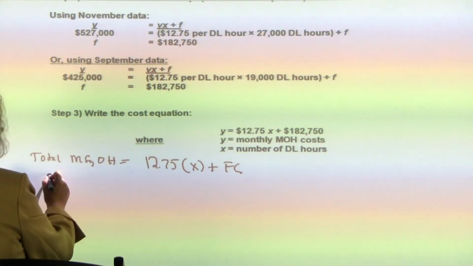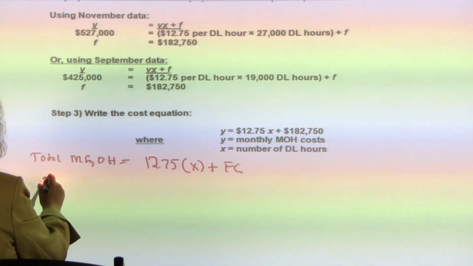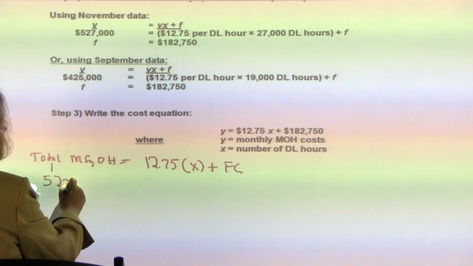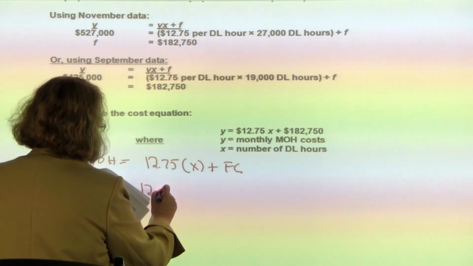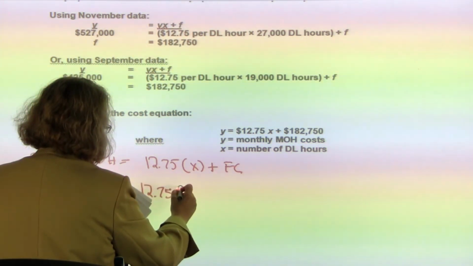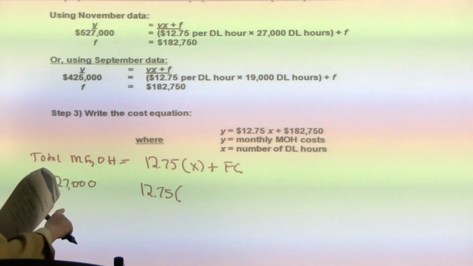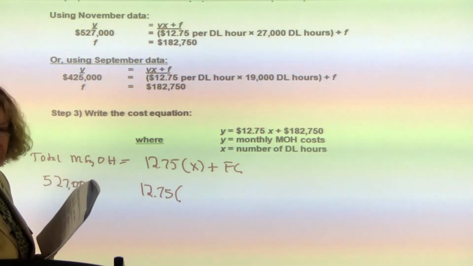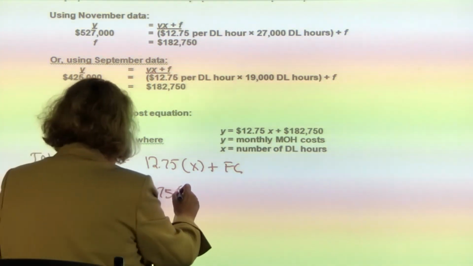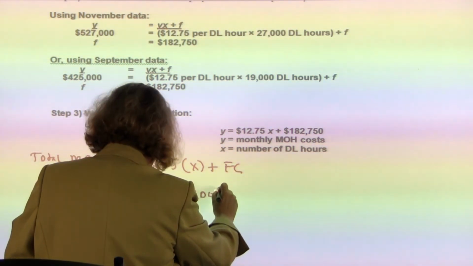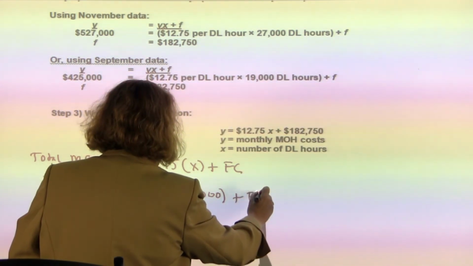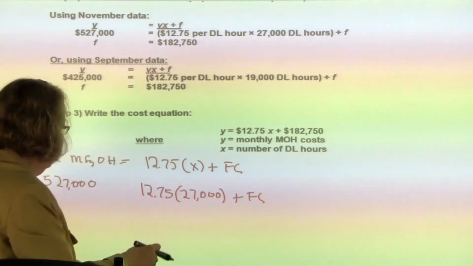When we are operating at a level of 527,000 in total cost, 12.75 is your variable cost per unit, your direct labor hours will be 27,000 direct labor hours, plus your fixed cost, which is what you're trying to solve for.